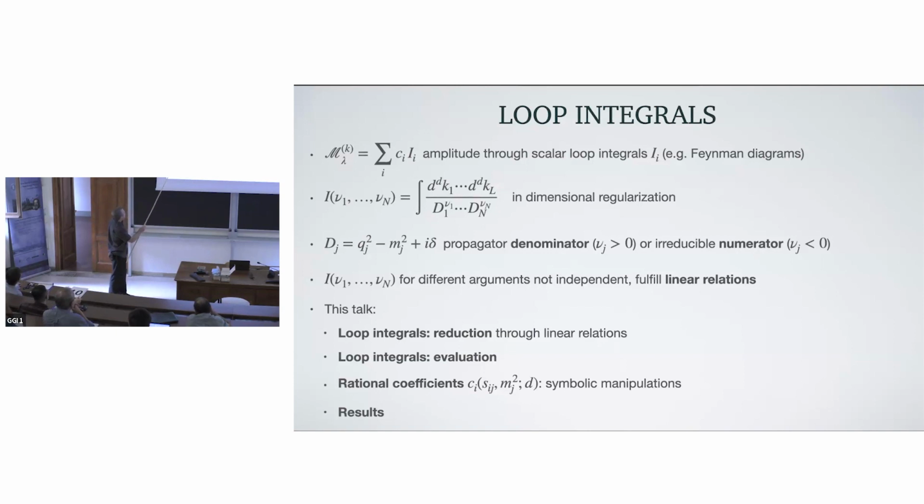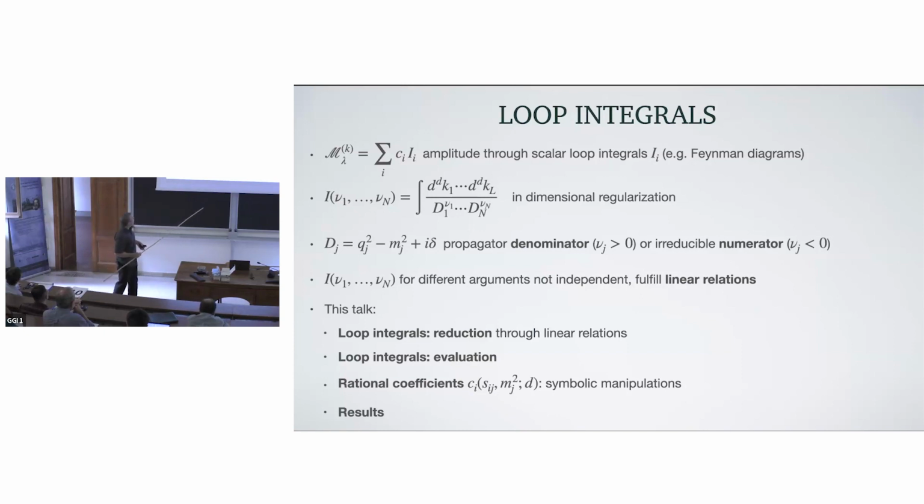And the crucial point here is that if you consider different exponents for these propagator powers, possibly even inverse powers, such that you put something in the numerator, you will find that out of all these infinitely many integrals, not all are linearly independent.